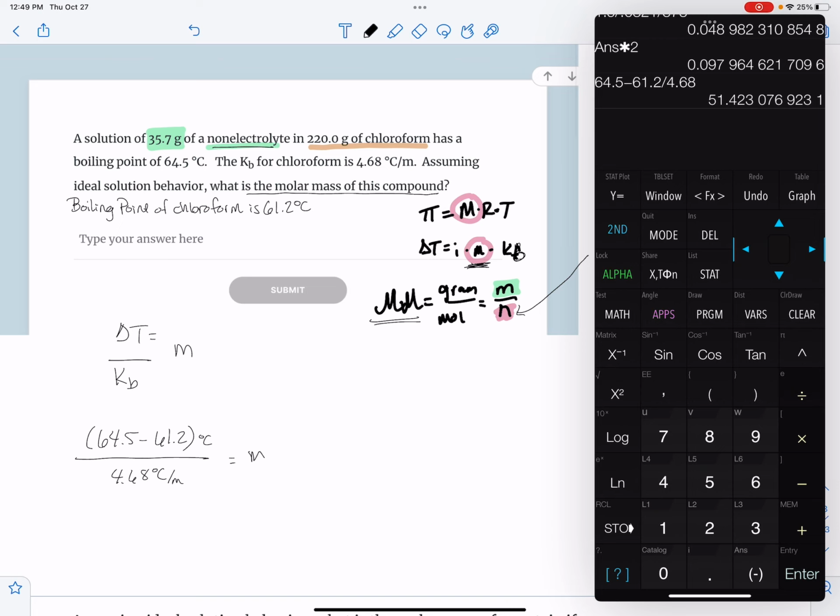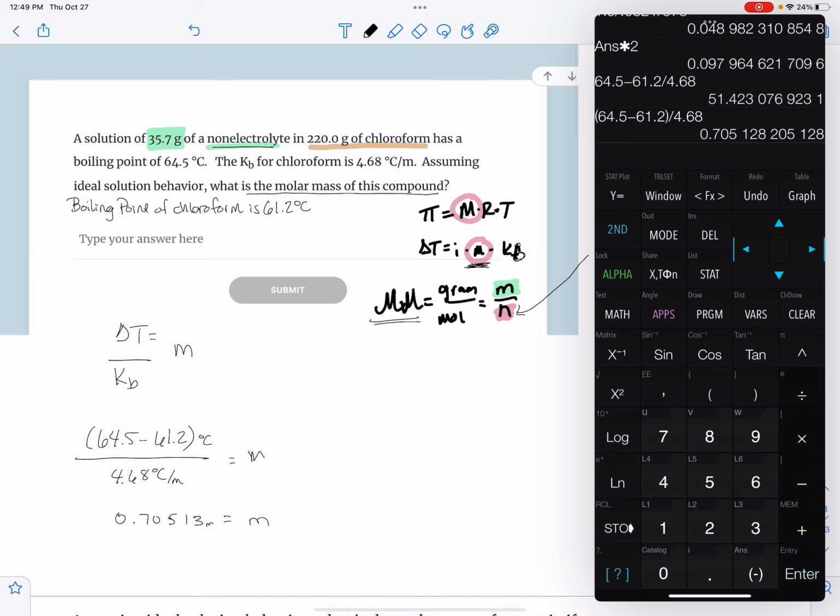Now, the way I put that in my calculator was not the right way to put it in, and that's a really easy error for someone to make. You have to get this top section in parentheses. So I'm putting parentheses here, and then over here, one more parentheses. See the difference? So be careful. That's going to give me 0.70, and I'm going to put some extra numbers in here, 1, 3. And that's my molality.